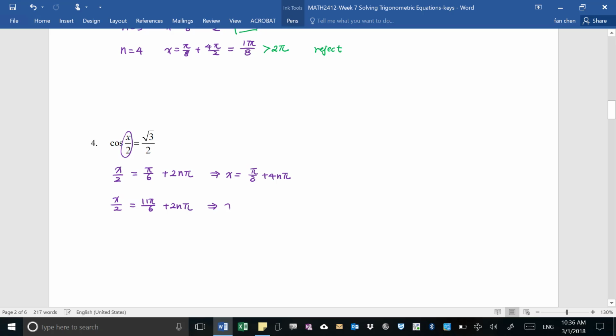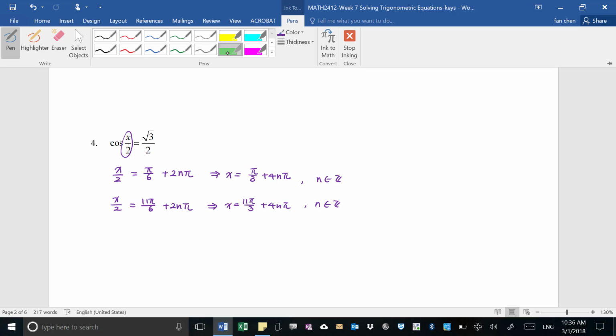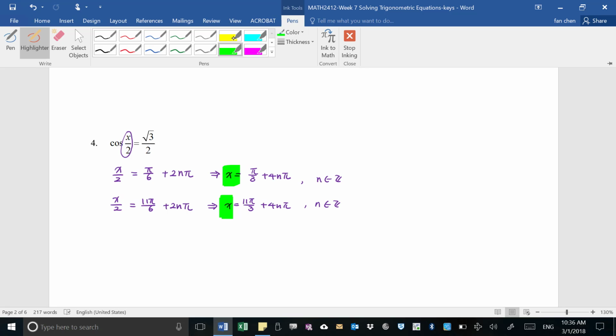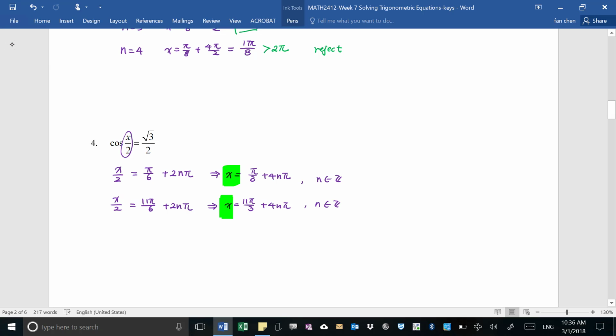And this one is x equal to 11 pi over 3 plus 4n pi, where n is any integer. Right, so this is in general, but we say that we must have this value between, what I'm saying is the x, x must be between 0 and 2 pi.